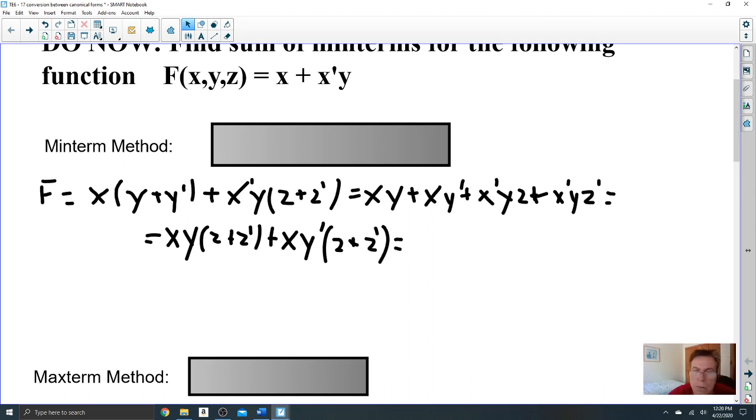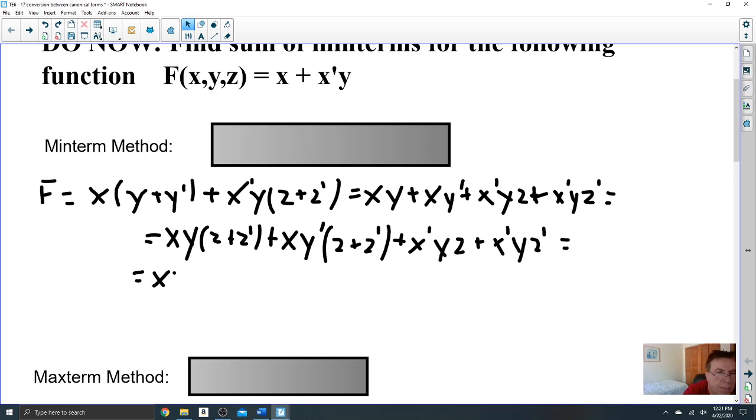And I'm going to copy this. Okay, let's expand it. Now we're going to follow this parenthesis, z plus z prime and z plus z prime, and figure out what minterms these are.